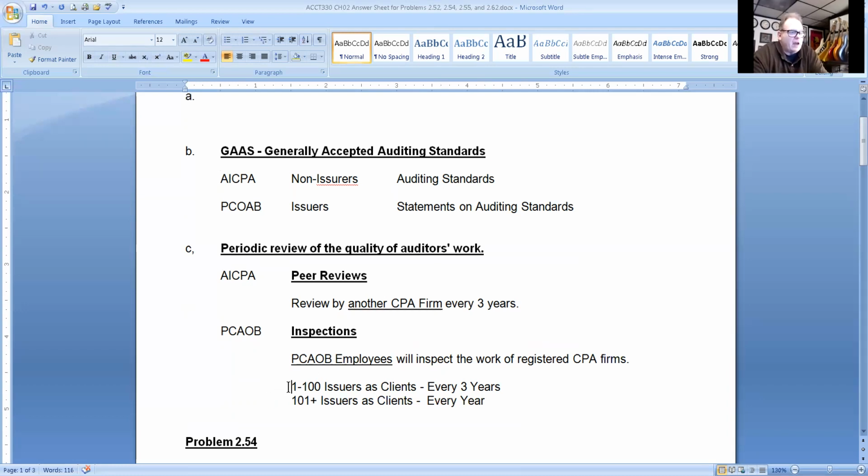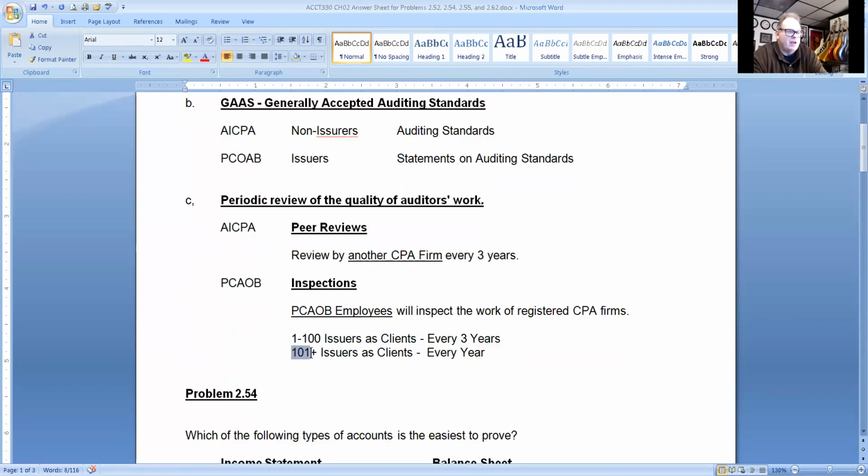So if you have 1 to 100 clients, it's once every 3 years you'll have an inspection. If you have more than 100 clients, 101 plus, then it's every year. And again, this is not another CPA firm. This is the PCAOB people coming in and inspecting it.